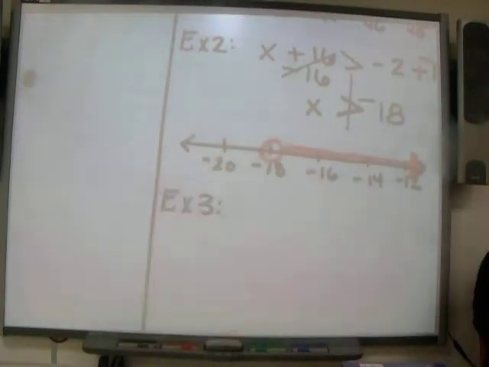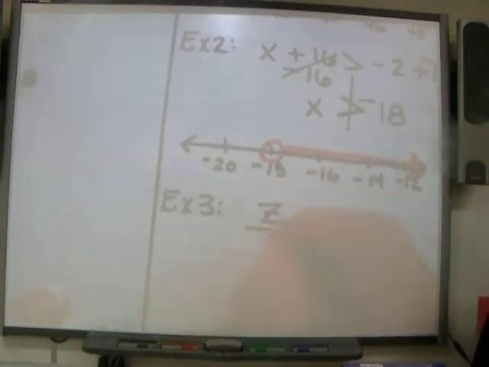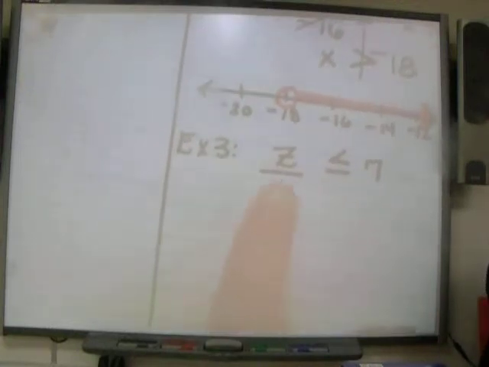Example 3. Z divided by 6, or Z over 6, is less than or equal to 7. What has been done to Z?